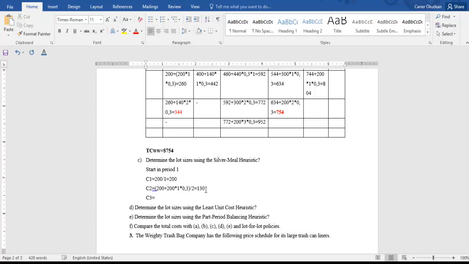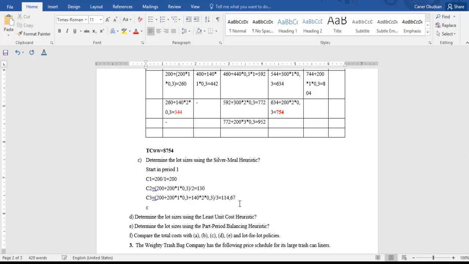Cost 3 equals 200 plus 200, 1 period holding cost, plus divided by third period equals, so decrease is continue.